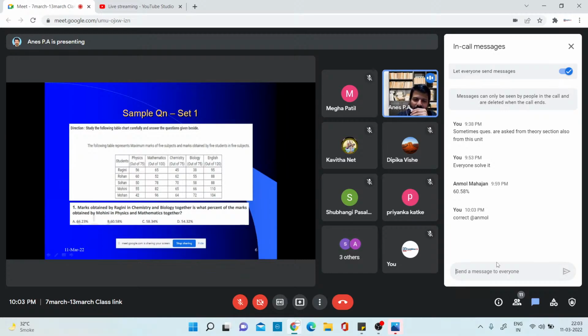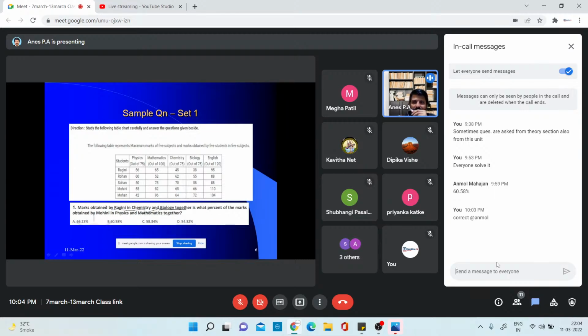So here we must find the exact question. What is that? Marks obtained by Ragini in chemistry and biology together, we calculate. It is what percentage of the marks obtained by Mohini in physics and mathematics together? That's the question.